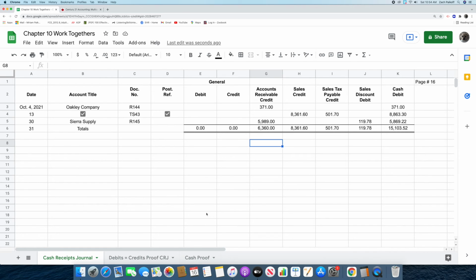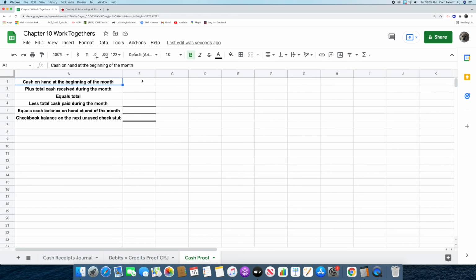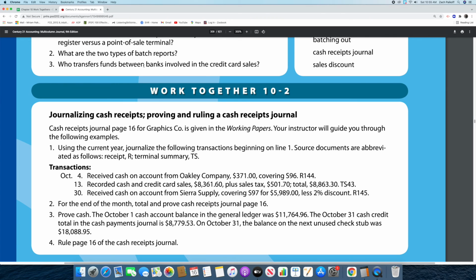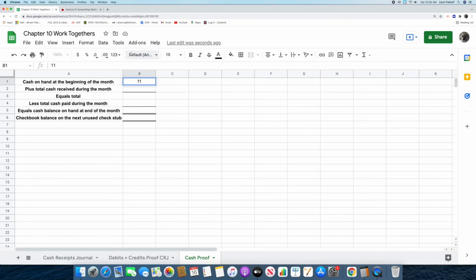The last thing that we're going to do in this work together is prove cash. So the cash on hand at the beginning of the month was $11,764.96. The total cash received during the month, well, that was our cash debit.